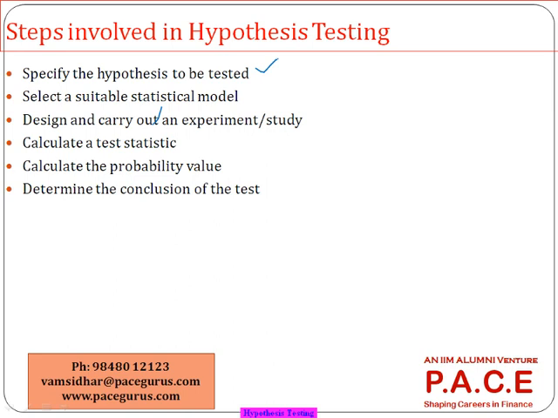Let my claim be like this: the average height of an Indian male is 165 centimeters, or the average height of an Indian male is greater than 165 centimeters, or any other statement like the average height of an Indian male is 5 centimeters more than the average height of an Indian female. When I look at statements of this kind, we are calling all of them hypotheses.